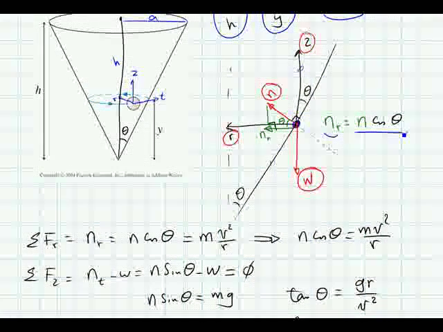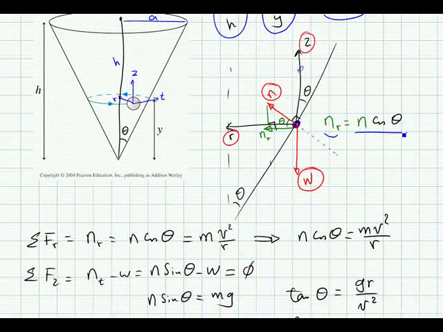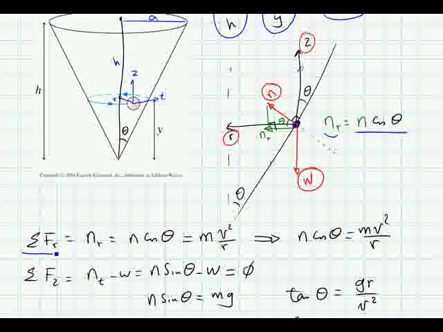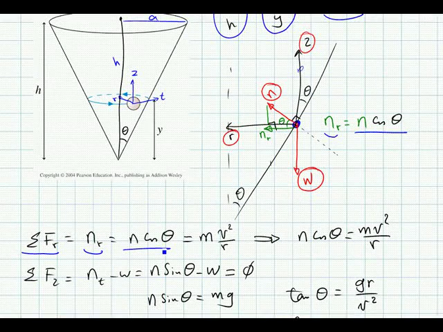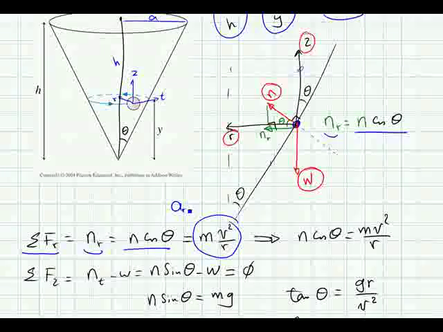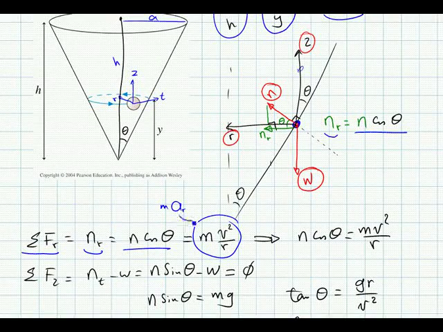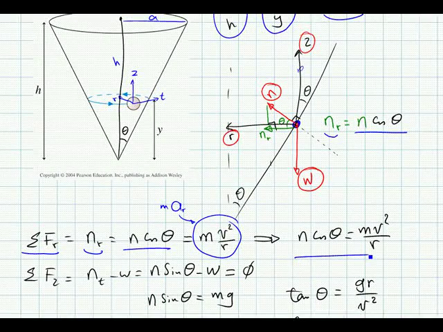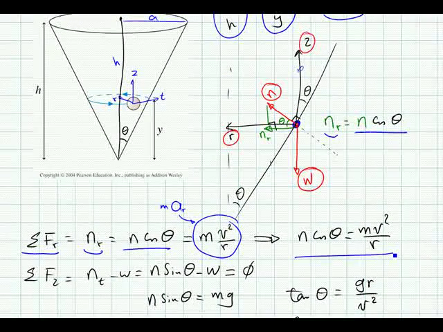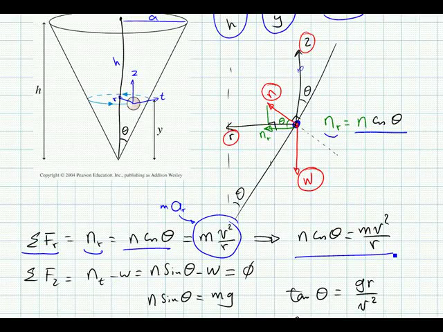That's the only force in the radial direction. So doing our Newton's analysis, the sum of the forces in the radial direction is equal to N_R, which is N cosine theta, and that must equal mv squared over r. Remember, this is m a_r. So we end up with an expression like this: N cosine theta is equal to mv squared over r.